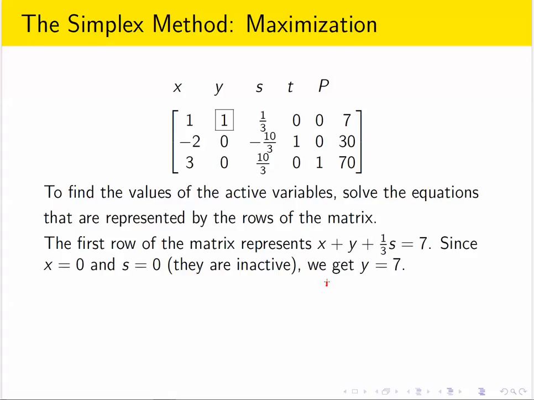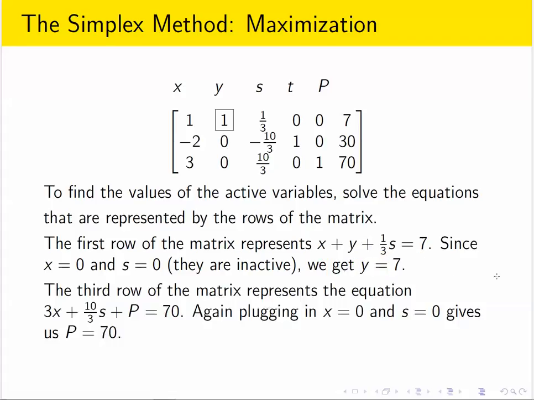Now, x and s were both inactive. We already wrote down that they're equal to 0. So if we plug that in, we get this simpler equation, y equals 7. And that's the value of the active variable y.